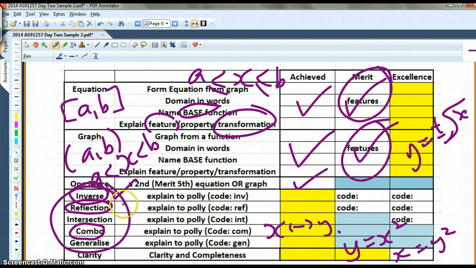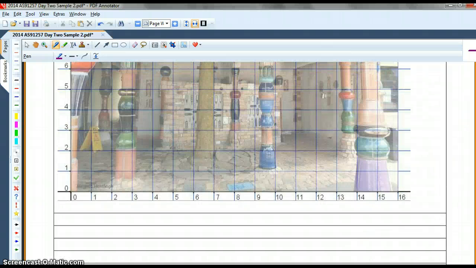Reflection in the x or y axes, or both, would get you a tick for that. Generalise is actually quite easy to get if you're stating the base function and then the generalised transformation function. So for example, for your parabolas with a vertex, let's see if I can make some space. Yeah, let's just write it here.